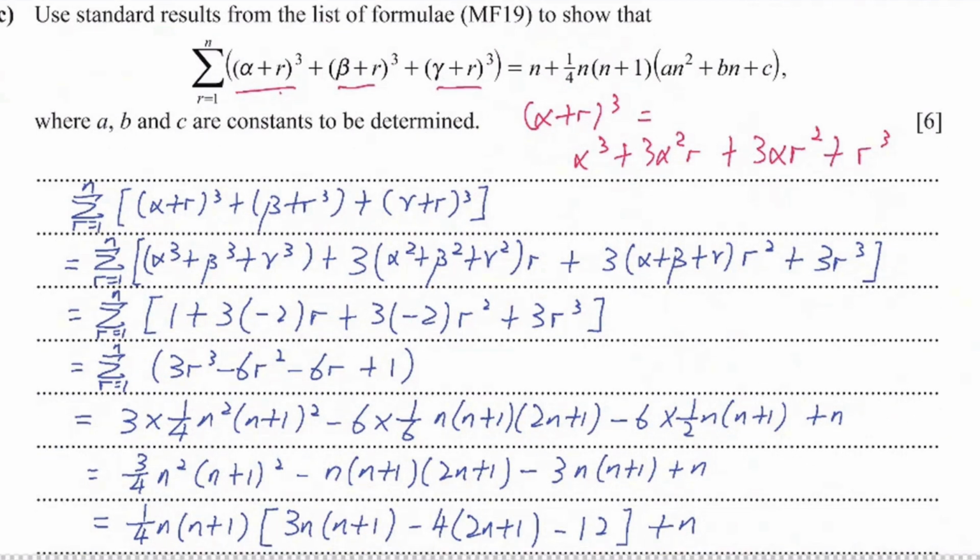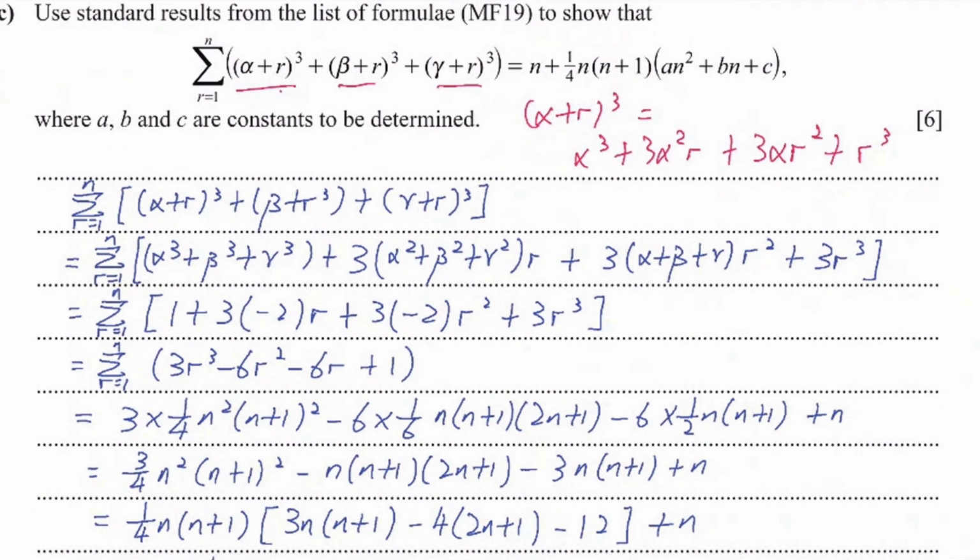Once we have this expression, we will notice that when we add up all 3 of them, we get the sum of the cubes, 3 times the sum of the squares, and 3 times the sum of the roots, because each of them has the betas and also the gammas. Gamma is the same thing. So when you add them all together, you get this result here.